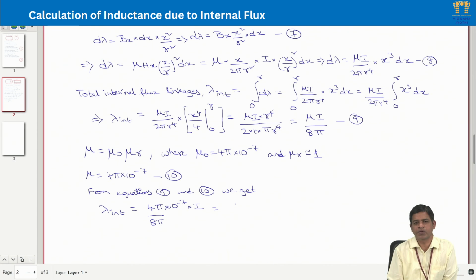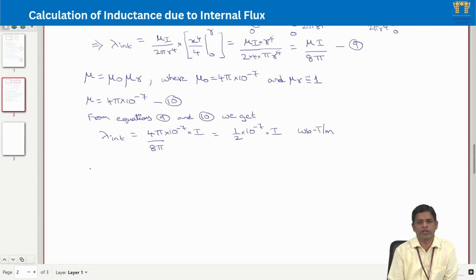So which is half into 10 power minus 7 into I. Right. So and so Weber turns per meter.